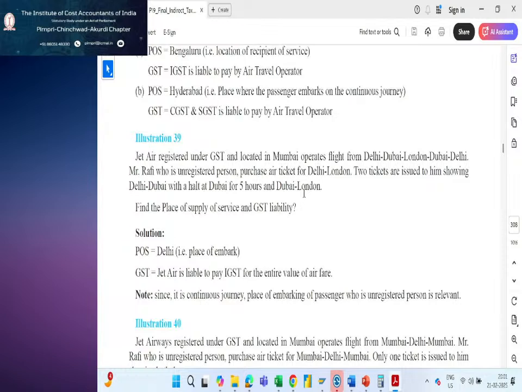Jet Air registered under GST and located in Mumbai operates flight from Delhi to Dubai, London to Dubai and then return to Delhi.